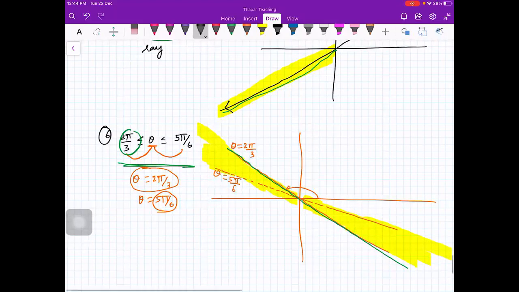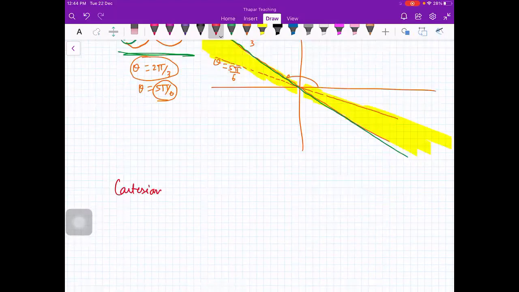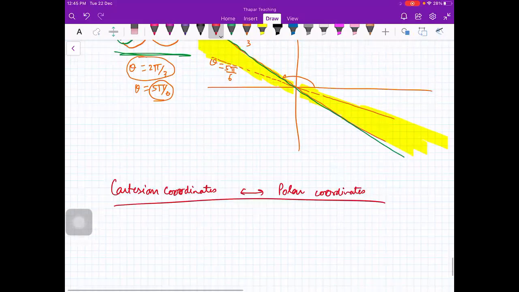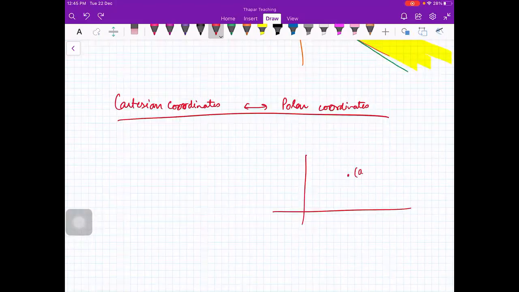Then you will understand. Now the next is how you can convert Cartesian coordinates into polar and vice versa. I think you already know. Suppose you have a point here. The name is x comma y and r comma theta. x comma y means this distance is x and this distance is y.